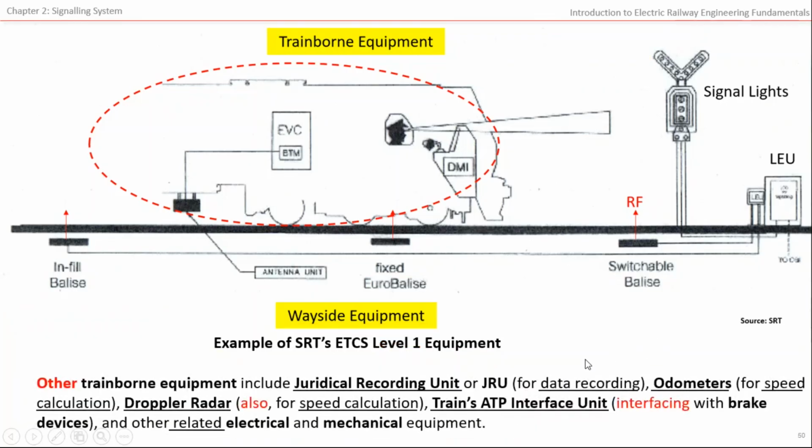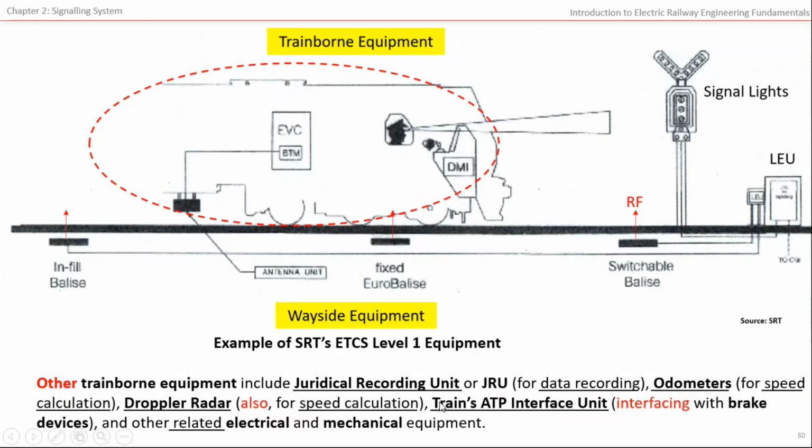This shows other equipment that will be installed on the train, such as what they call the juridical recording system (JRU), or just a data recording system. Odometers for speed calculation. Doppler radar, which is also for speed calculation.